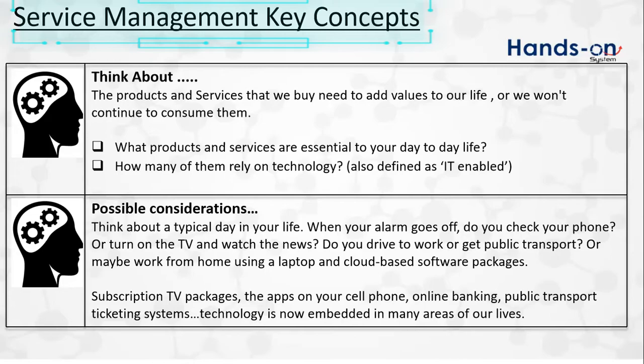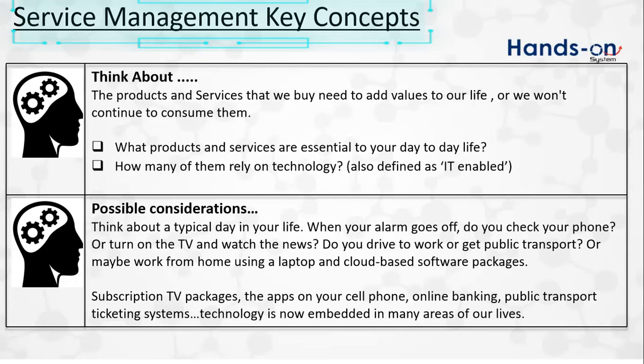So we need to read this point very carefully. What products and services are essential to your day-to-day life? That means any particular service which was essential for me maybe 10 years back might not be essential right now. How many of them rely on technology, also defined as IT enabled?